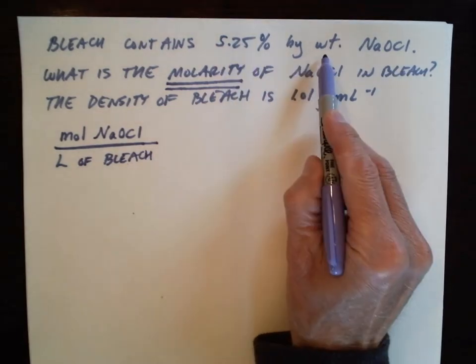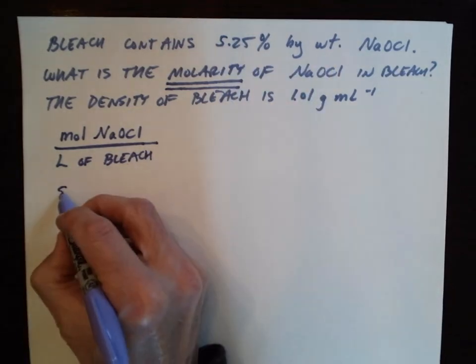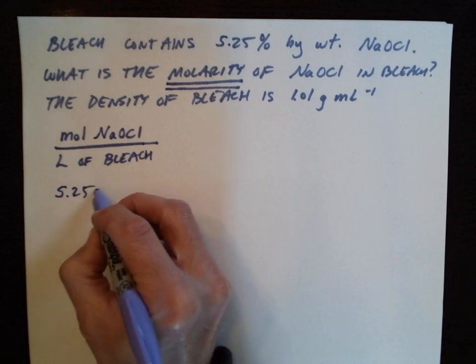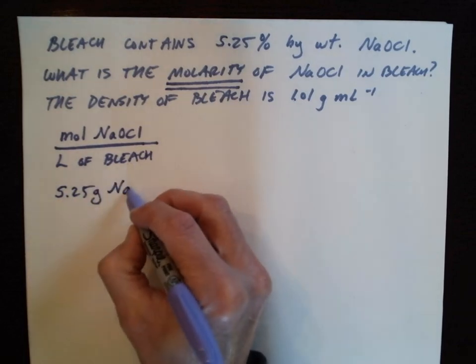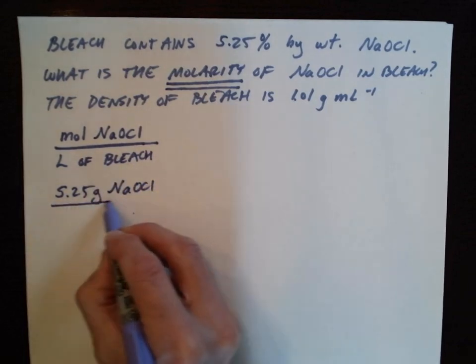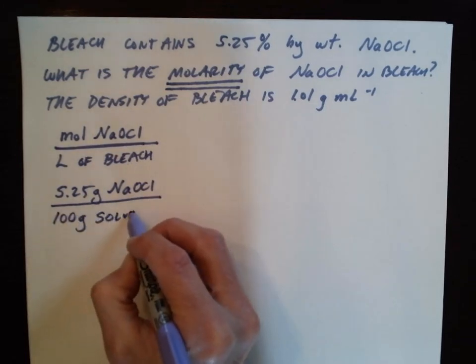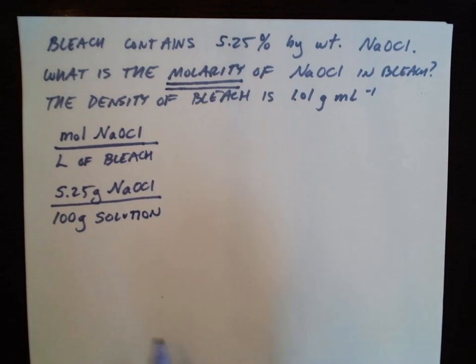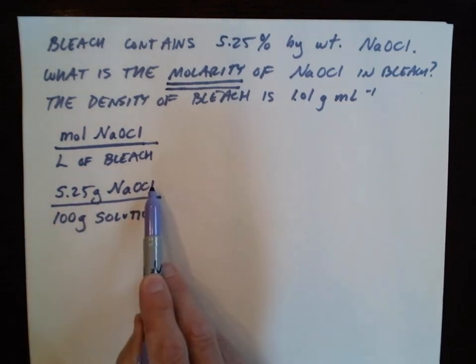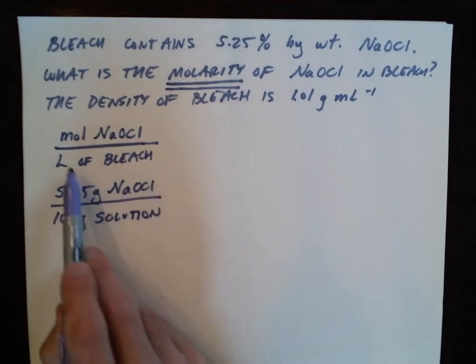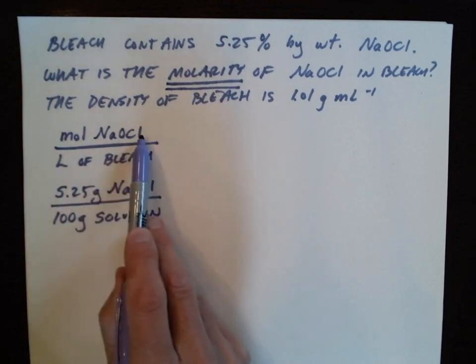The units we're given are going to be grams, which is 5.25%, grams of sodium hypochlorite for every 100 grams of solution. Here's the units we have, grams of sodium hypochlorite on the numerator, but we want moles of sodium hypochlorite on the numerator.